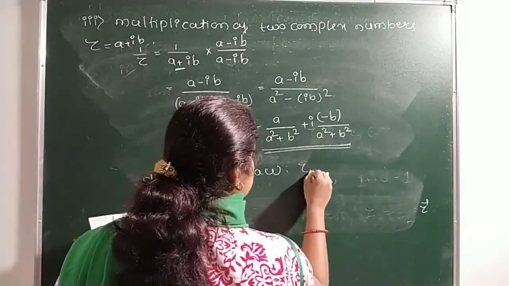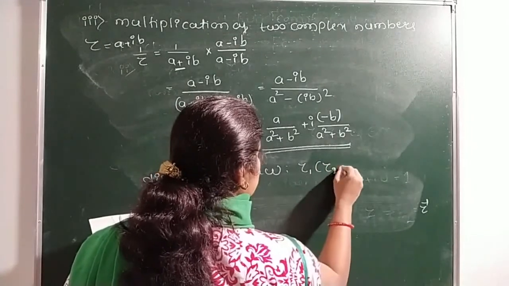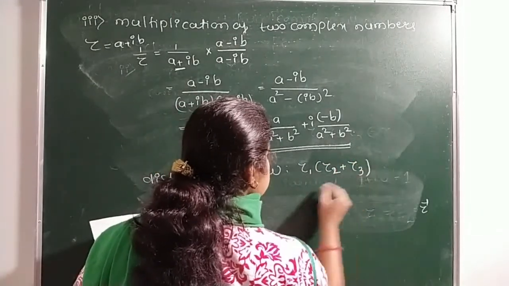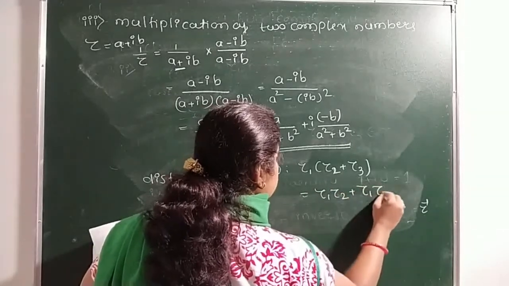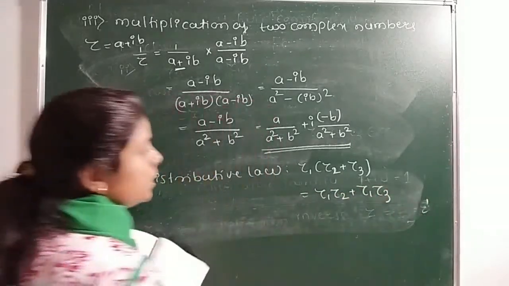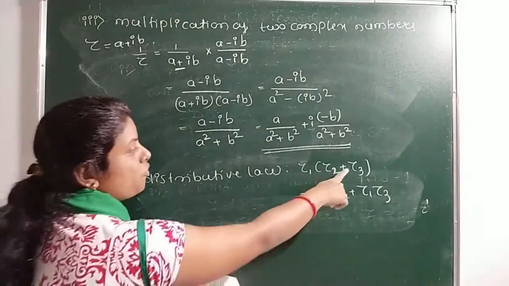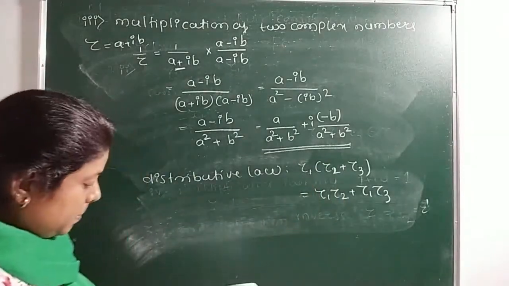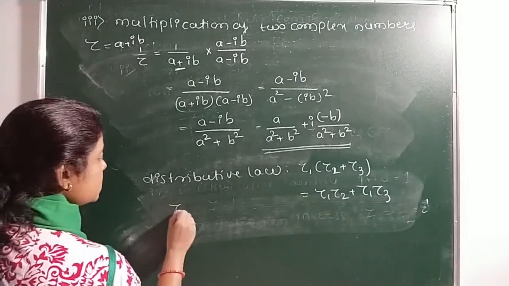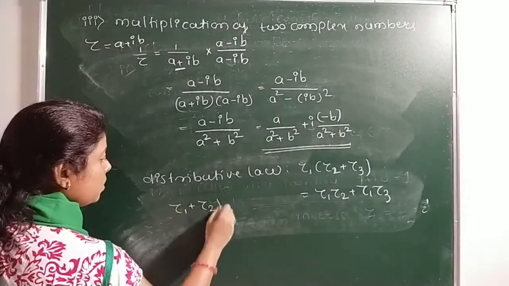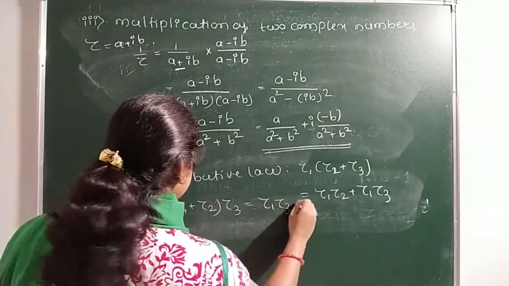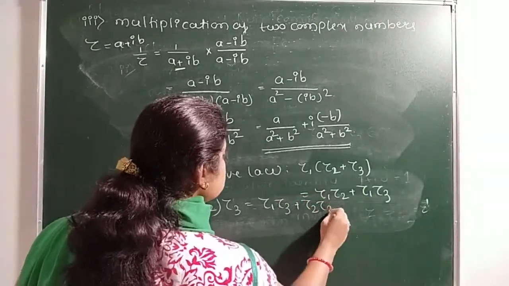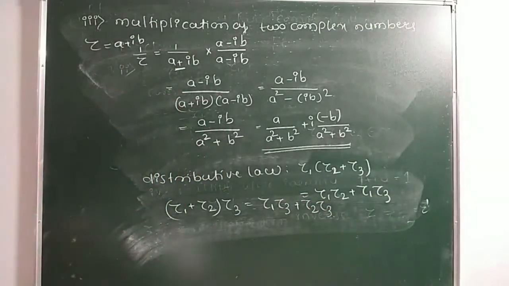Z1 multiplied with Z2 plus Z3 is equal to Z1 Z2 plus Z1 Z3. Otherwise, Z1 plus Z2 into Z3 is equal to Z1 Z3 plus Z2 Z3. This is the distributive law.